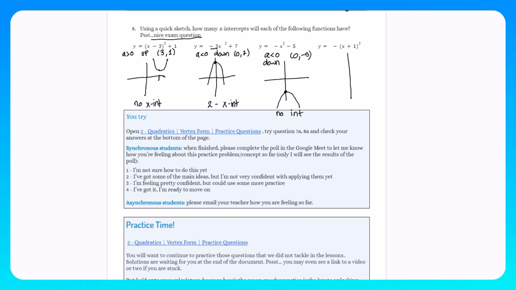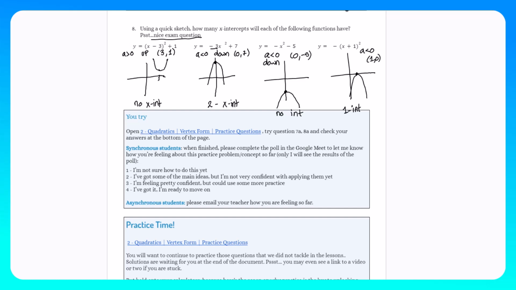And the last one here, A is negative. Q is 1, so the vertex is, this time, 1 and 0. Oops, that's the origin. We've got to go 1. 1 and 0 would be kind of over here. And A is negative, so it's going to look like that. And this one has 1 intercept.